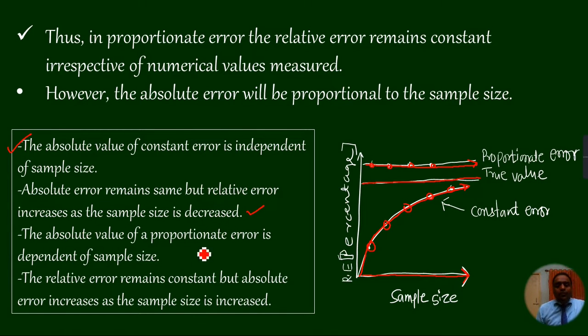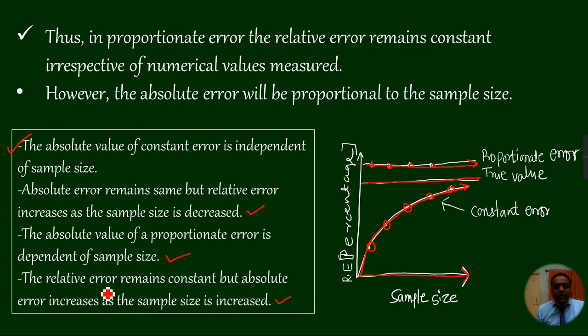The absolute value of a proportionate error is dependent upon sample size. That means sample size influences the absolute error in proportionate errors, because as sample size increases, the absolute error also increases in the same proportion. The relative error remains constant, but absolute error increases as the sample size is increased.